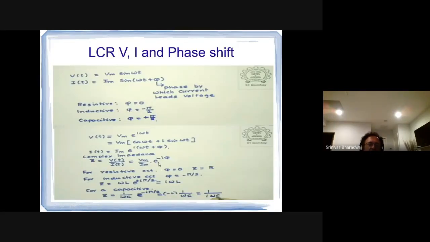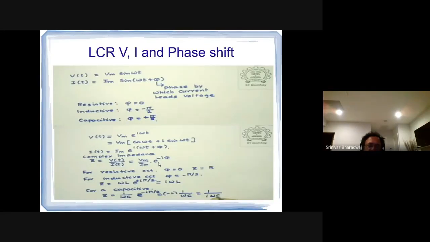Now e to the power of i phi is basically cos phi plus i sin phi, and therefore it is written as i omega L. Typically, when I was learning this, instead of i we used to use the term j. j is the same as i, only it's used by electrical engineers.